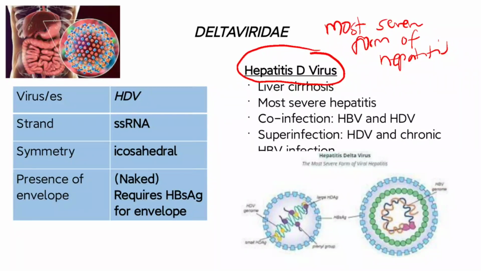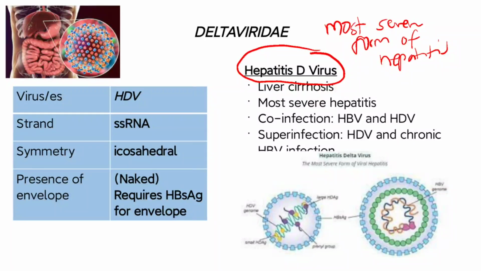And lagi siyang may need na kasama. Ito yung tatandaan nyo, no? Hepatitis D virus cannot work on its own. It would always need ng kasamang accompanying another virus. No? Kailangan niya pa ng iba pang virus na kasama niya.